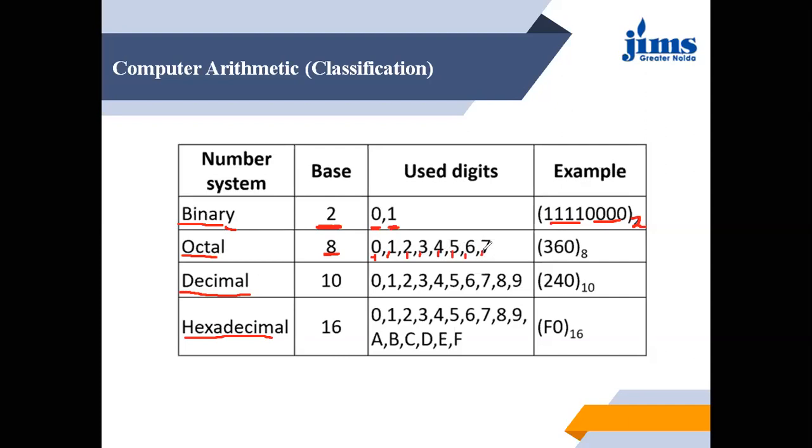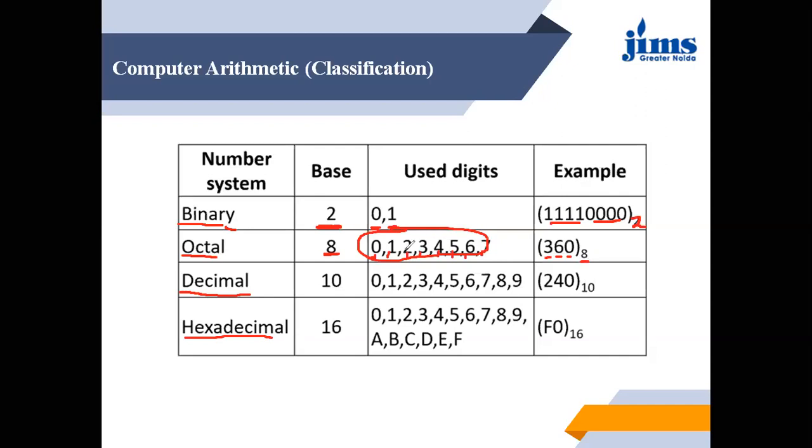We can make any number using these digits. For example, this is an octal number, 360 base 8, and this 8 represents the number system we are dealing with, octal.